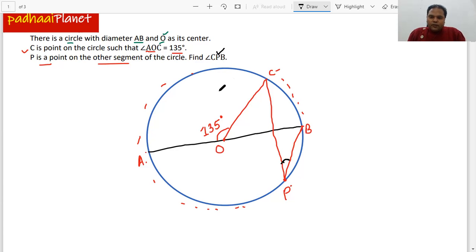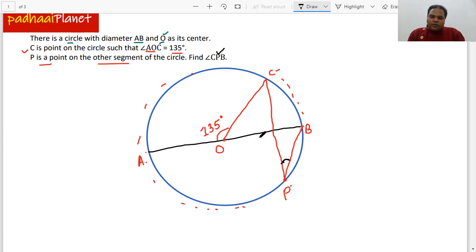Now, see in circles, most of these questions look very complicated, but they're very easy because we use certain theorems, and most of these questions are basically one-step questions. Here we put in a lot of time in constructing this figure and diagram, but that was important. There's one more construction.